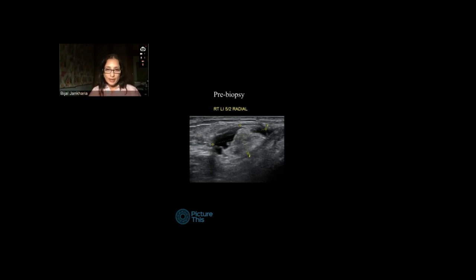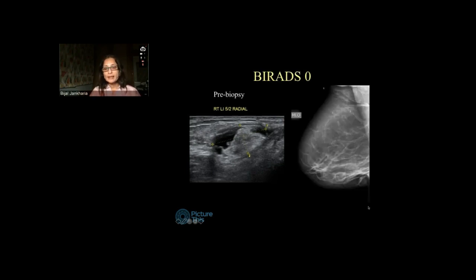So when I saw that, and if I had to give a BI-RADS category for this patient, I would give it as a 0, and then I would do a mammogram on her. And this is what we found, that it was nothing but an oil cyst or post-surgical fat necrosis due to the surgery, which is quite commonly seen.